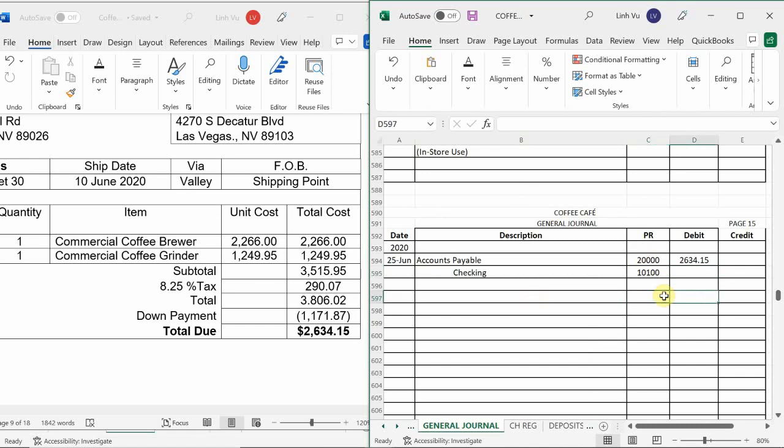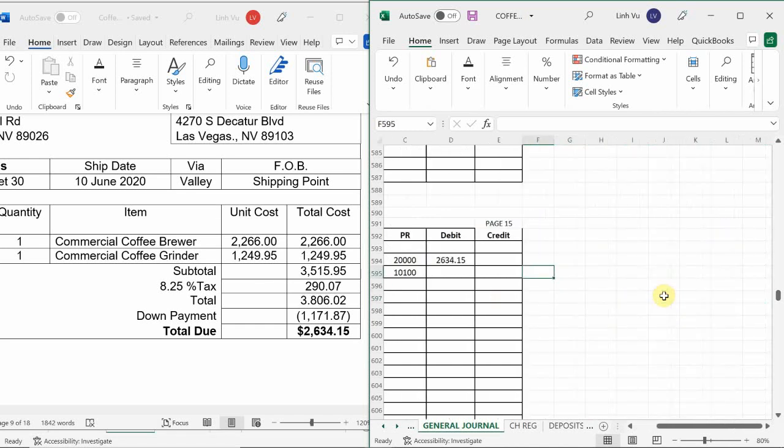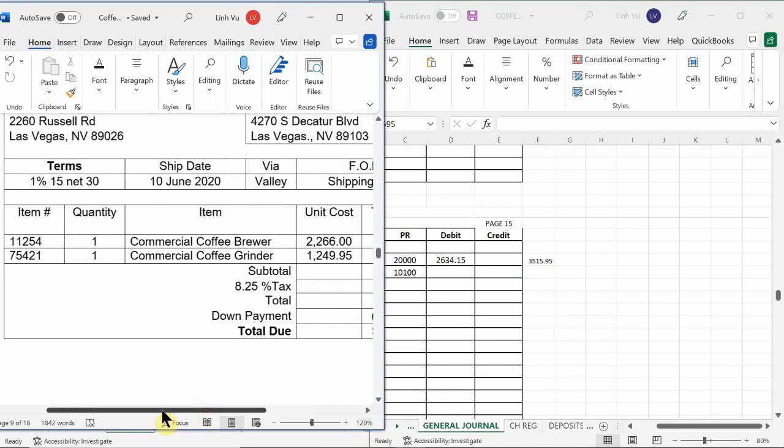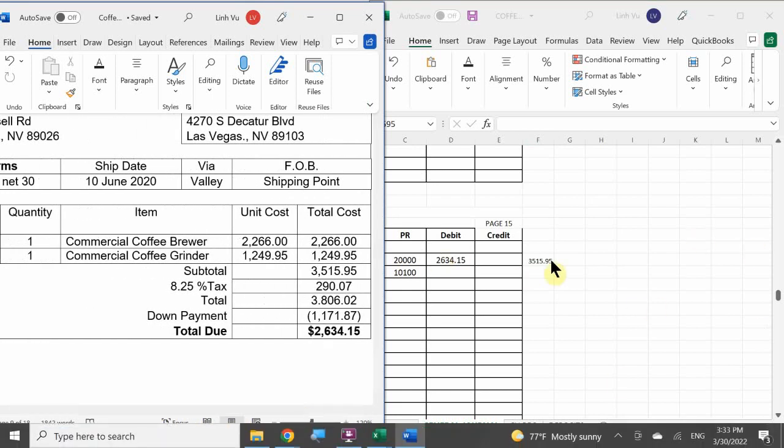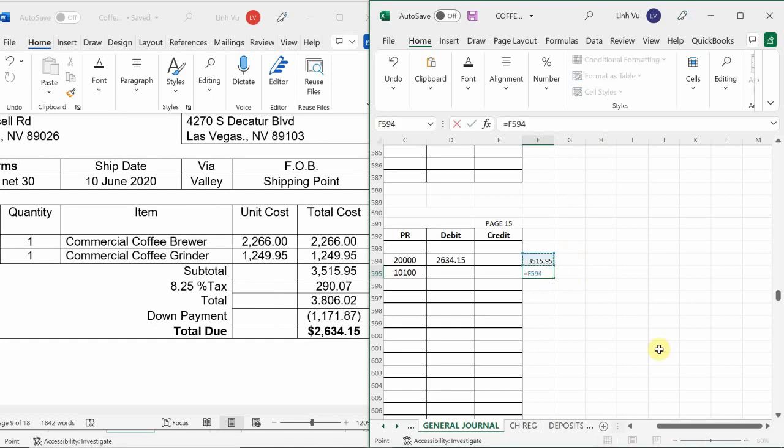Yep. Good. So 3,515.95. How much is our discount for? 1%. It's only for 1%. Okay, so in this case, you should get a total of $35.15, maybe 16 cents.